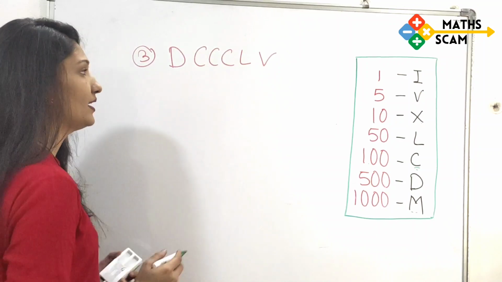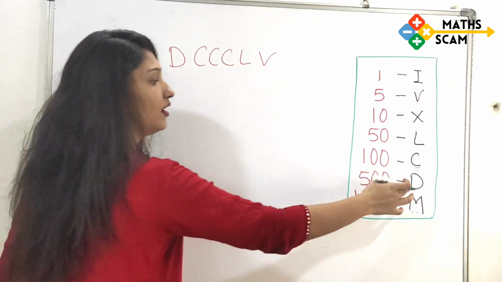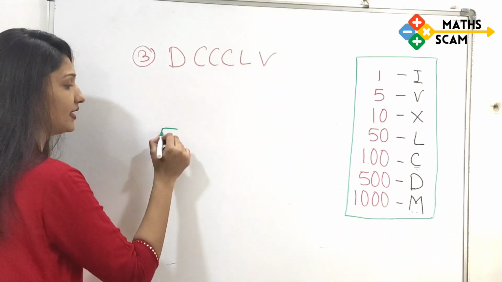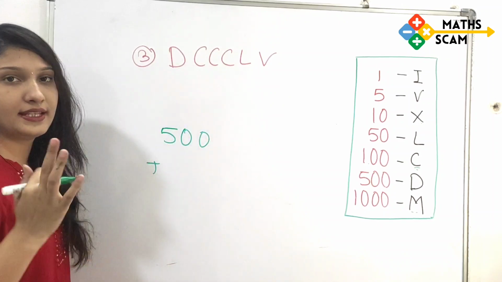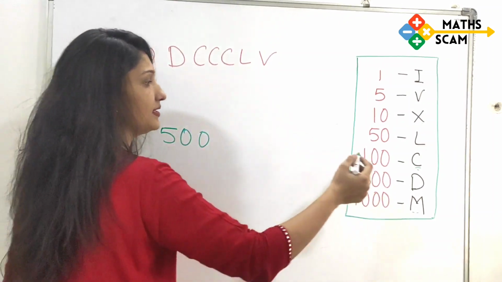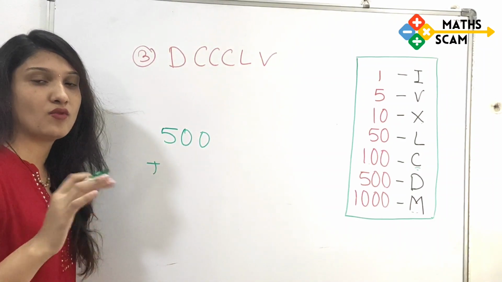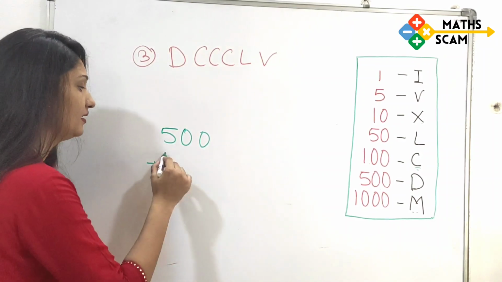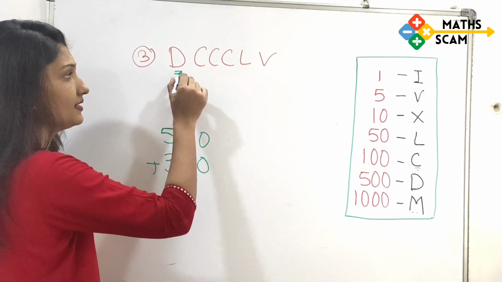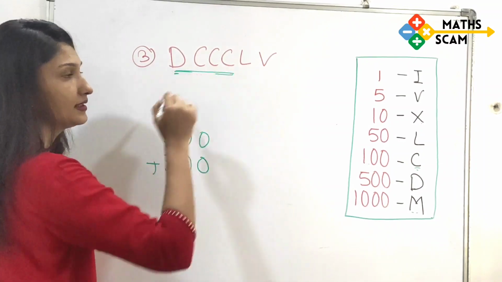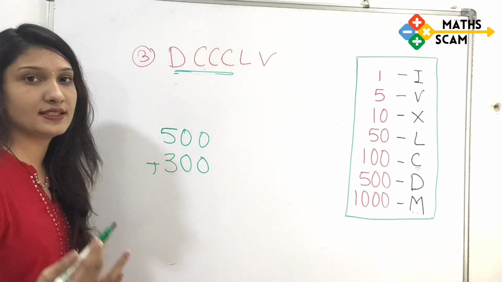We'll see one more example, DCCCLV. So how to convert this number into Indo-Arabic? D stands for 500. So write 500 plus 3 times C. 3 times C means 3 times 100. So that will be 100 into 3, 300. So D is 500 plus 3 times C is 300.